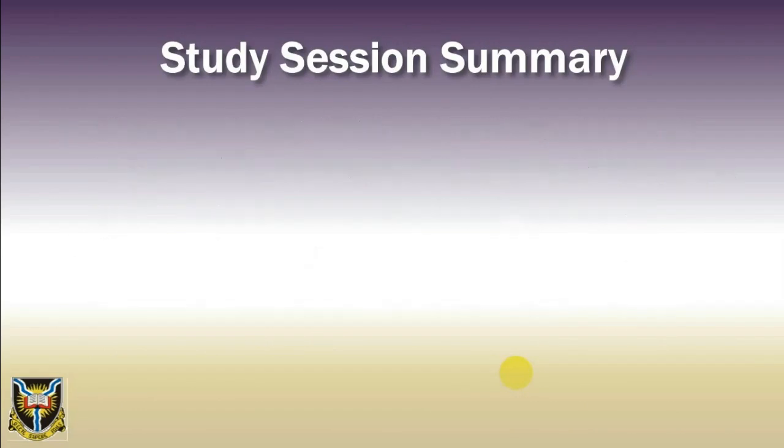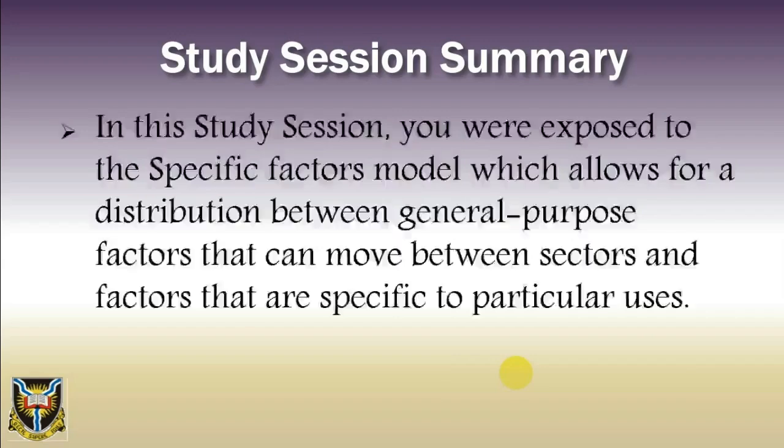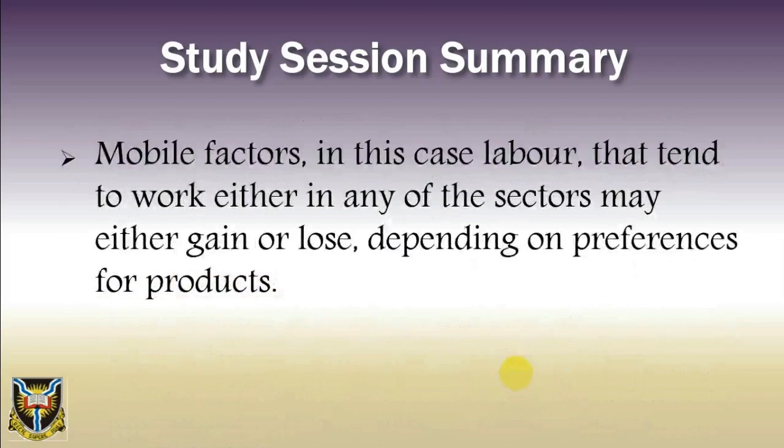In this model, differences in resources can cause countries to have different relative supply curves, and thus cause international trade. Mobile factors, in this case labor, that tend to work in any of the sectors, may either gain or lose depending on the preference for products.